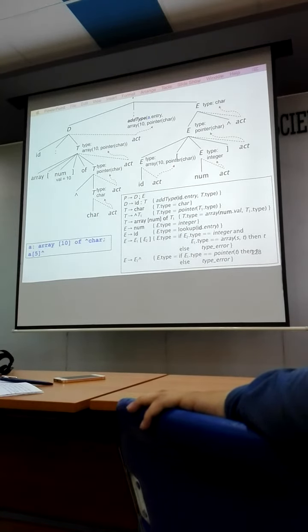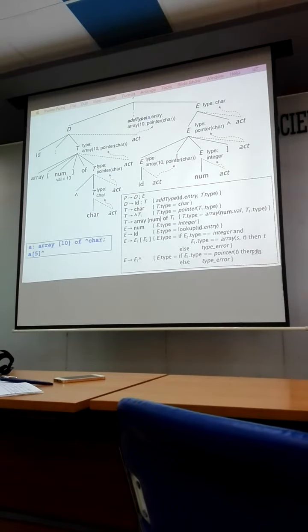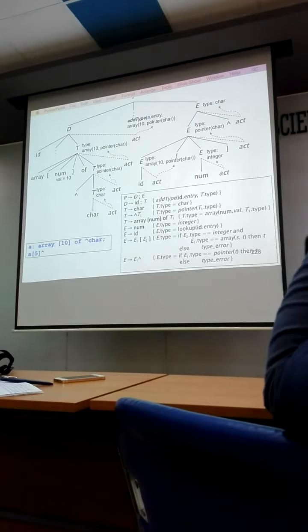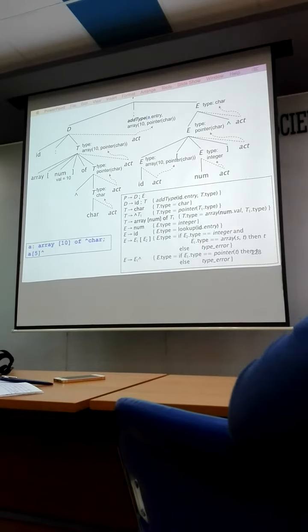The semantic action which is activated first is this one. Using post-order traversal of the parse tree, we can say this is the first semantic action, which is correct. Okay.